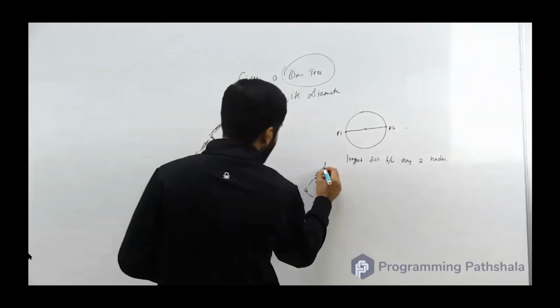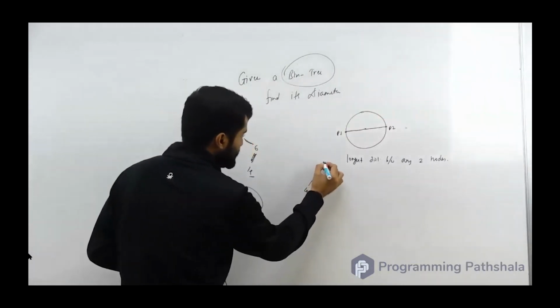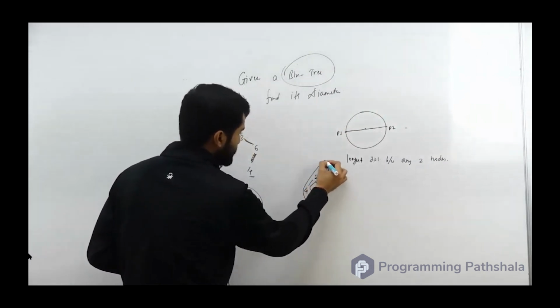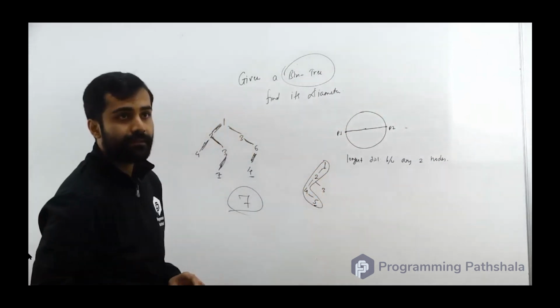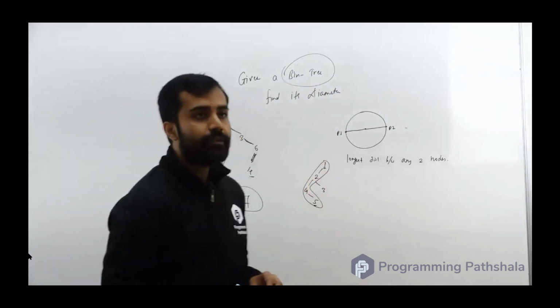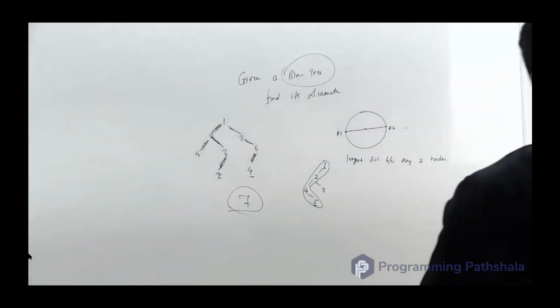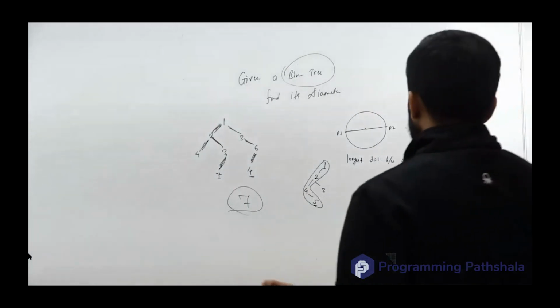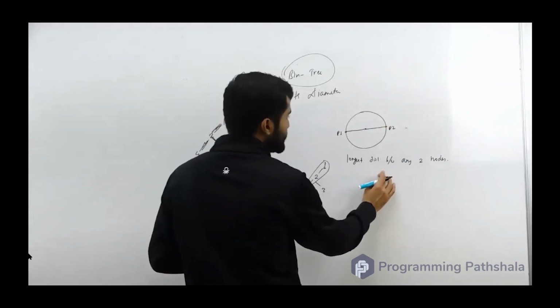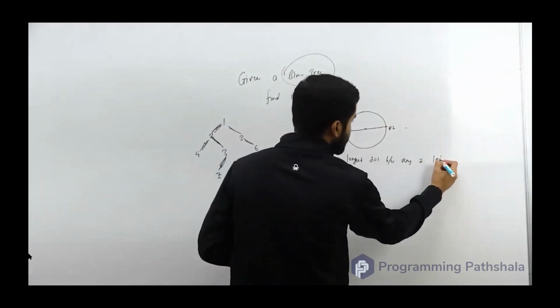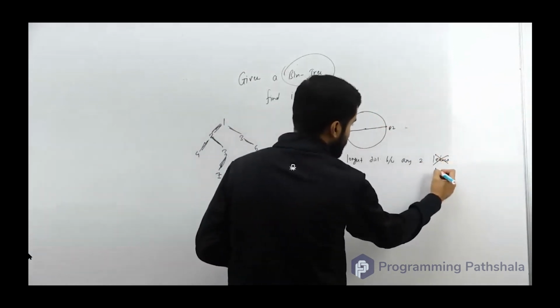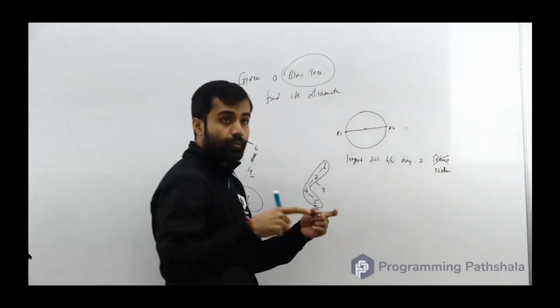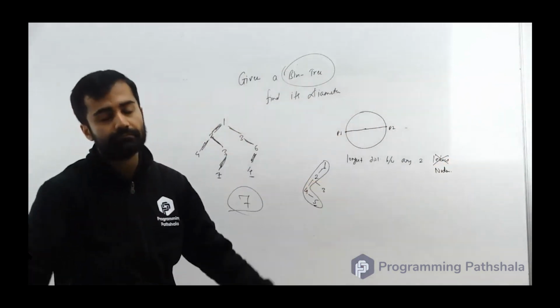If you consider 1 and 5, the distance between them is 1, 2, 3, 4 units, right? And is 1 a leaf node? 1 is not a leaf node, correct? So never say that the diameter is the longest distance between 2 leaves. It is the longest distance between 2 nodes, and those 2 nodes can be anything.